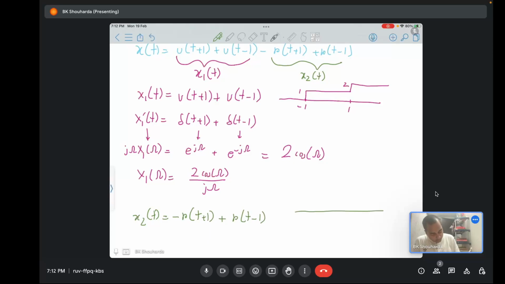At minus 1 I have a negative slope going up, and at positive 1 I have a positive slope which stays down like this. Alright, so here it's 0, here is minus 2, the amplitude.